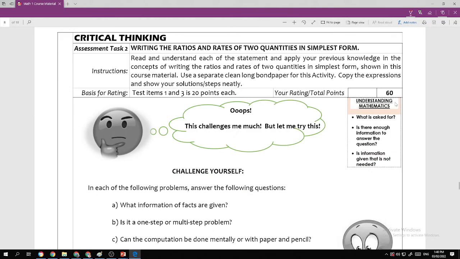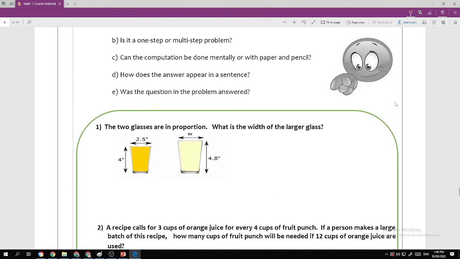Okay, here you go. So, example. For this number 1, what will you do? If 2.5 over 4 comes first, then W over 4.8 must come first as well. So, it should be top over bottom, horizontal over vertical, horizontal over vertical.